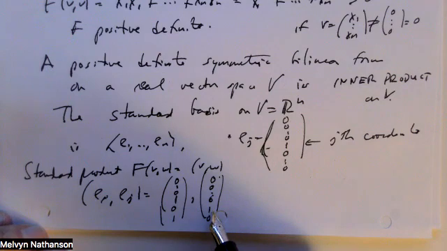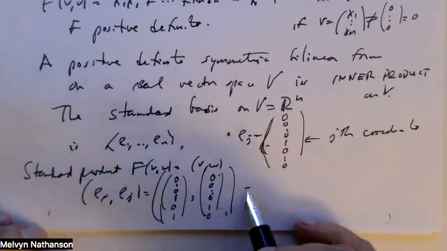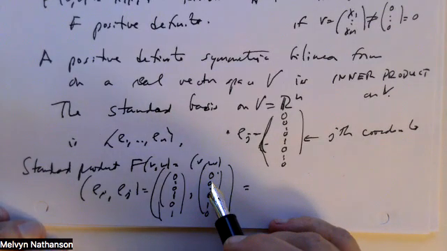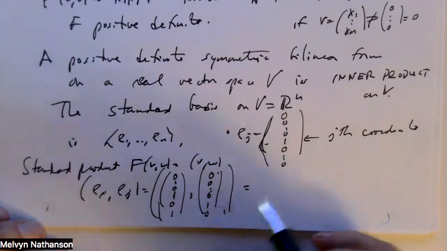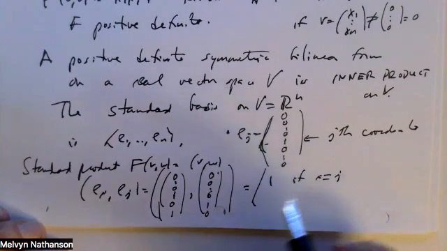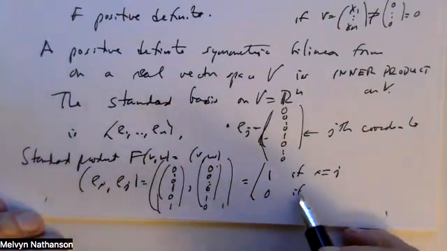Ej has all zeros except a 1 in the jth place. We take the inner product of these two vectors. If they're the same vector, you're adding the products of coordinates, you get 0 plus 0, 1, and then zeros again. This is 1 if i equals j. But if the 1s are in different positions, it's going to be 0.